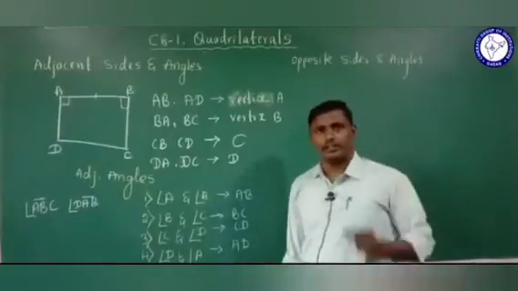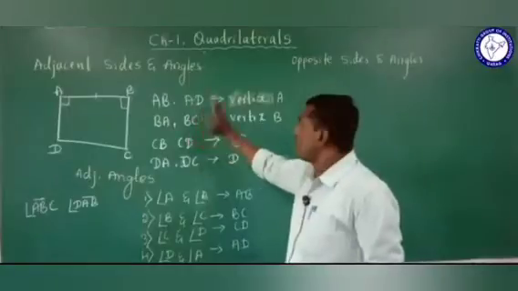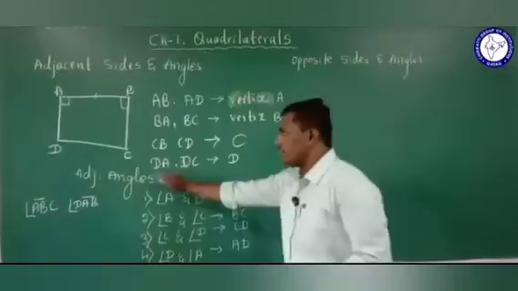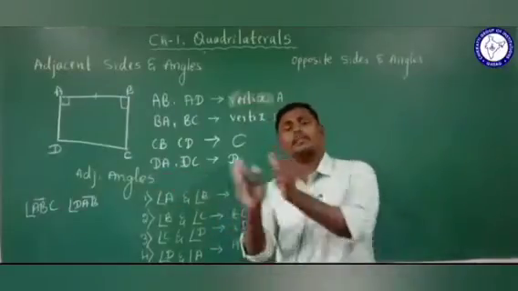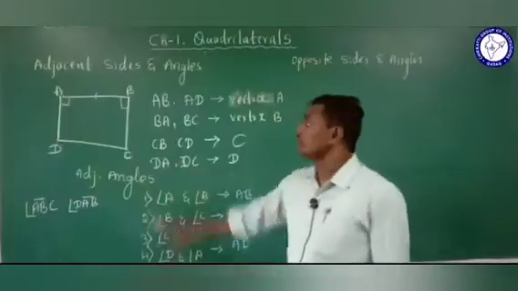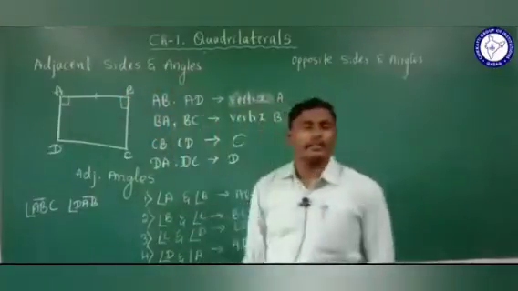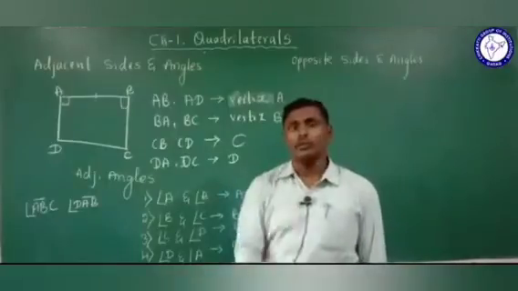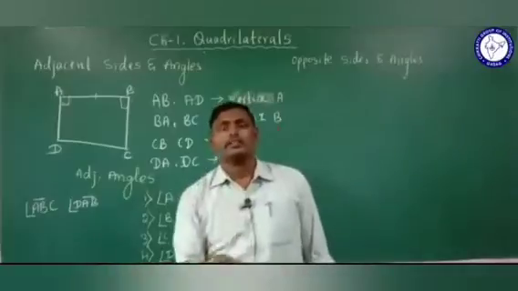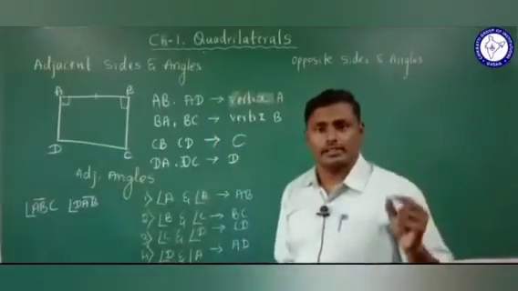You are getting the idea now, right? For adjacent sides, angles or vertices are common. For adjacent angles, sides are common. Clear? So this is all about the concept related to adjacent sides and adjacent angles. And one more thing, adjacent sides or adjacent angles are also called consecutive angles.